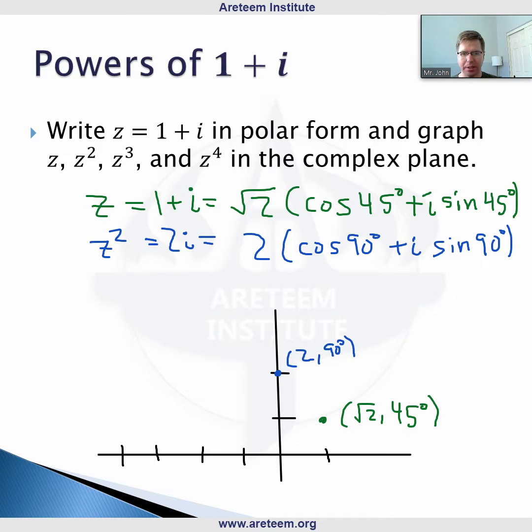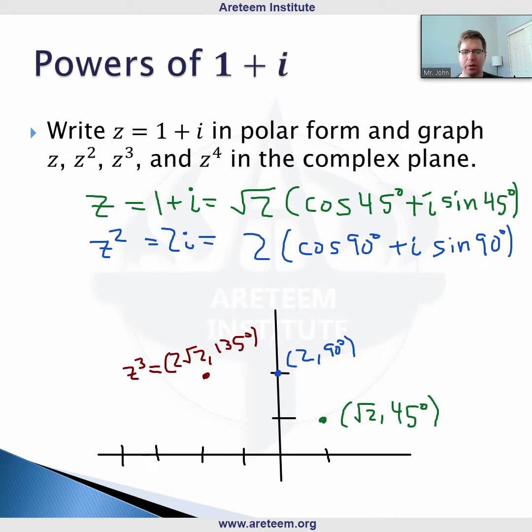So our next point out here is going to be, well, we have a radius of 2 square root of 2. That is our radius, r, the modulus, however you want to say it. And our angle is 3 times 45. So we have 135 degrees in that case there. Then you probably see where this is going. Oh, sorry, let me label this as our z cubed then. So here we have z cubed.